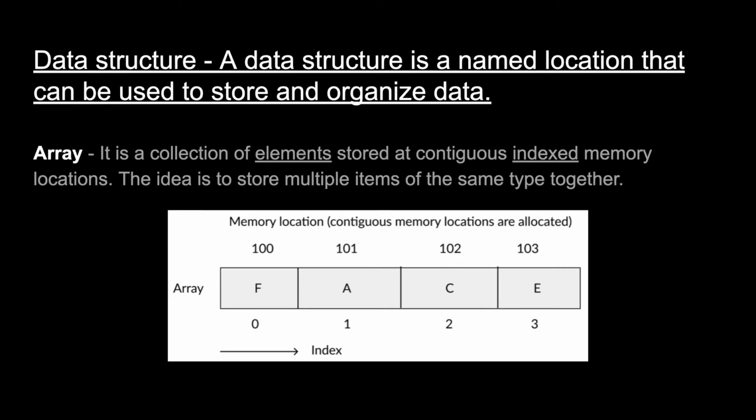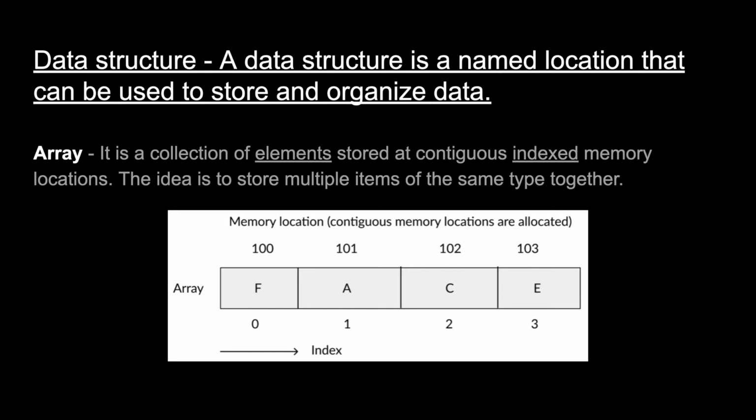So this is an array. You can see a memory location. In a contiguous memory location, we have an array which contains the elements F, A, C, E. These are the character elements which are present. F is present at index 0, A at index 1, C at index 2, and E at index 3.